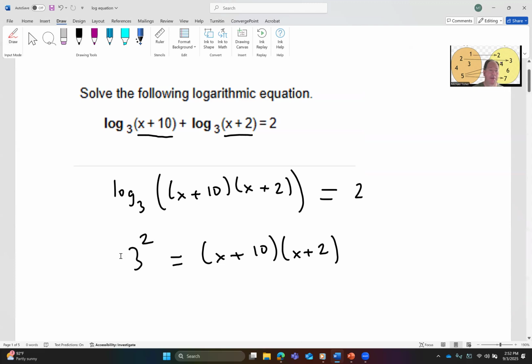All right, now we know we have here 3 squared, which is 9, equals, and let's go ahead and multiply this out.